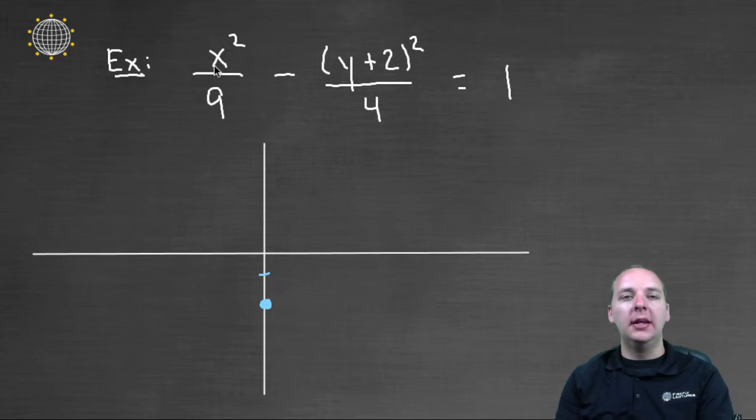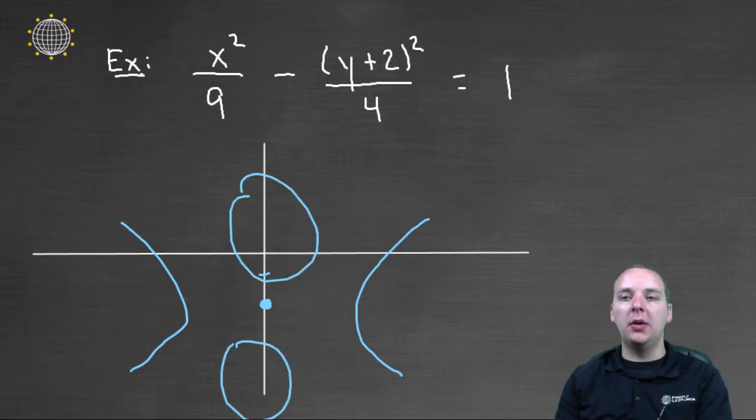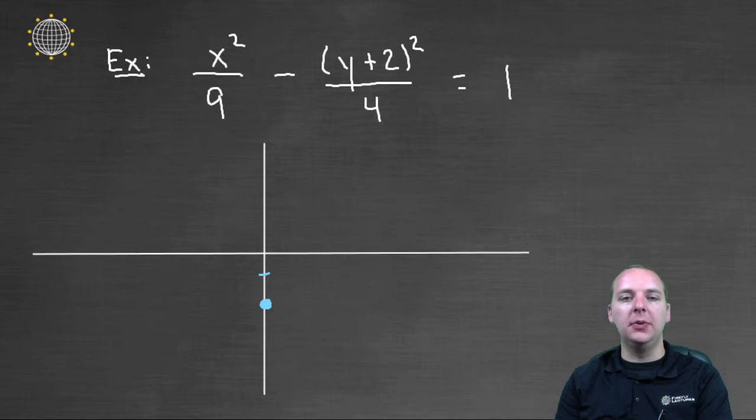If x was 0, there's no y coordinate such that this quantity would be positive 1. It would be a negative value. That tells me this hyperbola is going to open left and right as opposed to up or down.